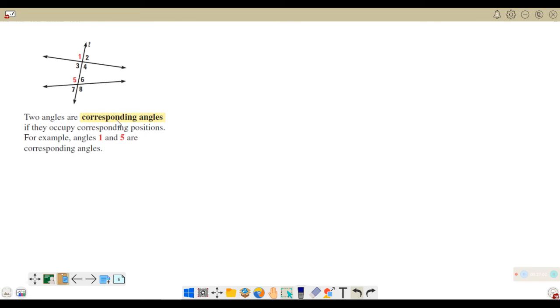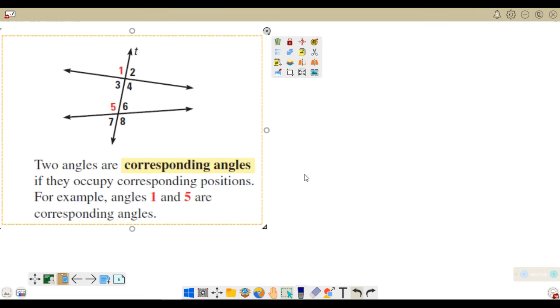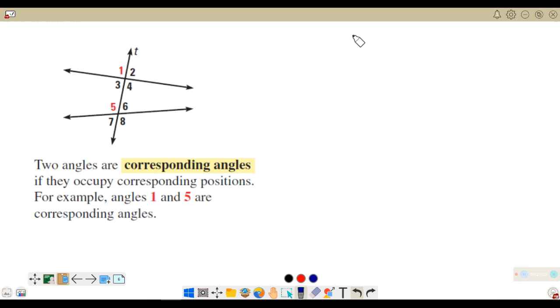So, ano yung additional properties ng corresponding angles na hindi sinabi dun sa reference natin? So, pag corresponding angles, they are on the same side of the transversal. So, si 1 at si 5, nasa same side ng transversal, di ba?